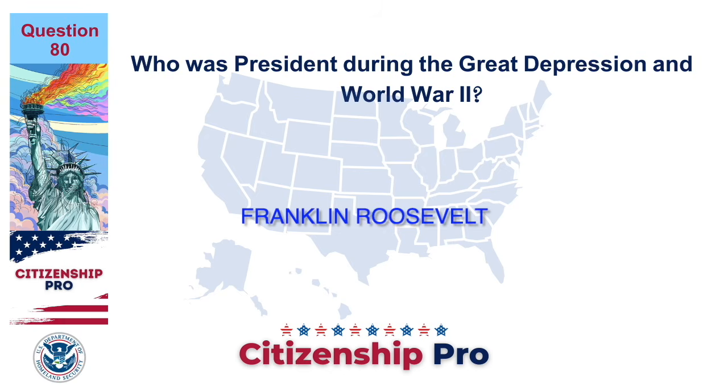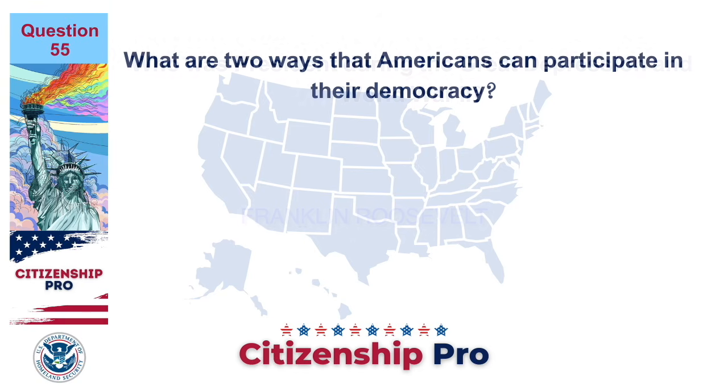Franklin Roosevelt. What are 2 ways that Americans can participate in their democracy? Vote. Join a political party.